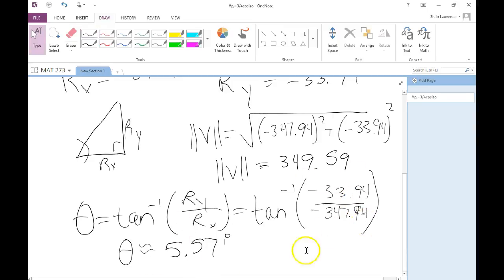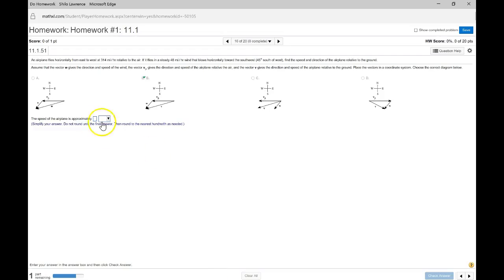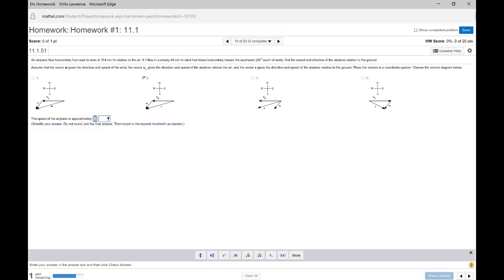So 349.59. And they want us to select a unit, and the unit is going to be exactly the same as the units that they give us in the problem. So the plane's airspeed is in miles per hour, the wind is in miles per hour, so the plane's ground speed is also going to be in miles per hour.